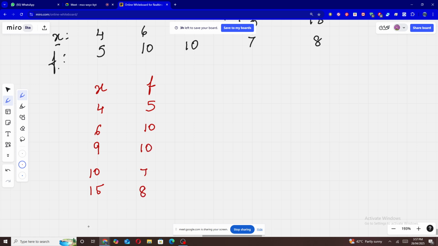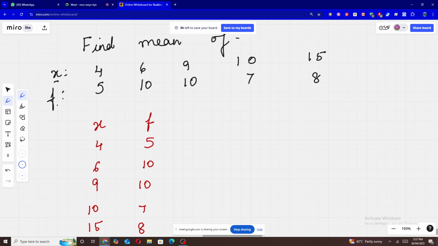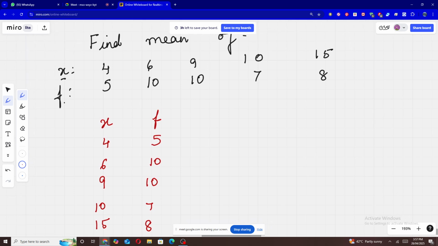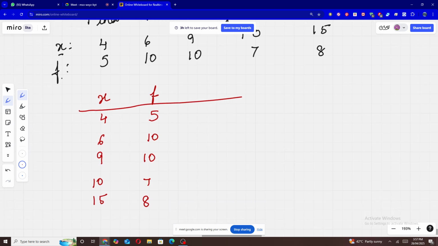What do you mean by frequency? Exactly, the number of times something occurs. So 4 is the data and it happens 5 times. 6 is the data, it happens 10 times. X is the observation, 4 is the value.